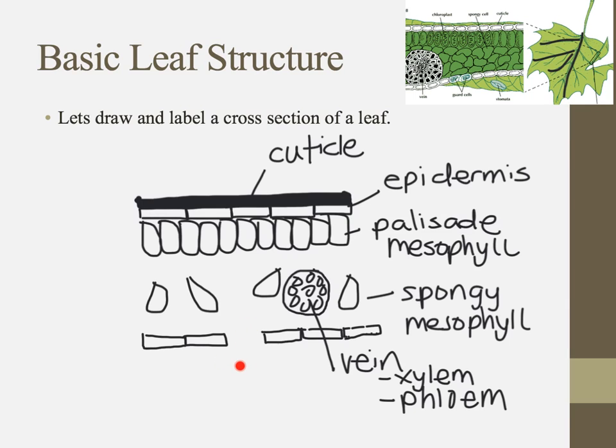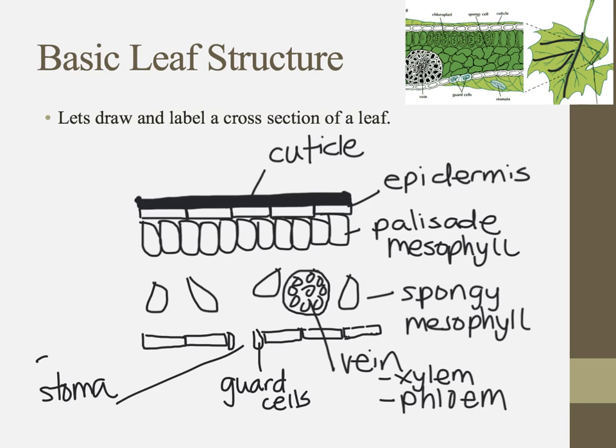The hole itself has one name, but on either side of the hole, we have these two specialized cells called guard cells. And then the actual hole is called a stoma, although you're more likely going to run into the plural, which is stomata.